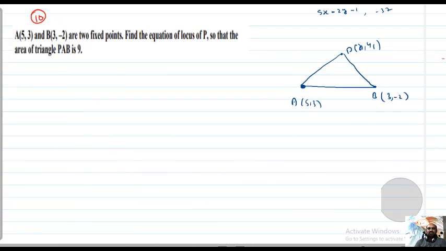I want to write the steps for that. Let P(x1, y1) be a point on the required locus.